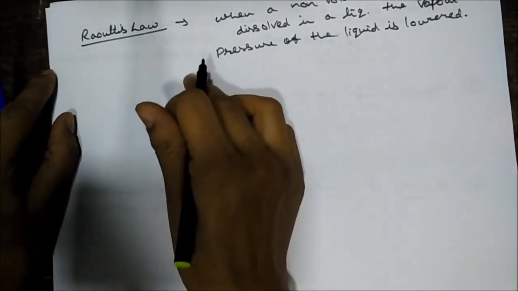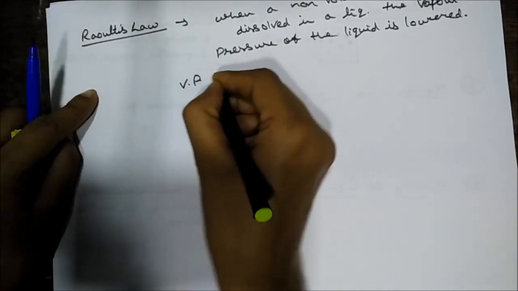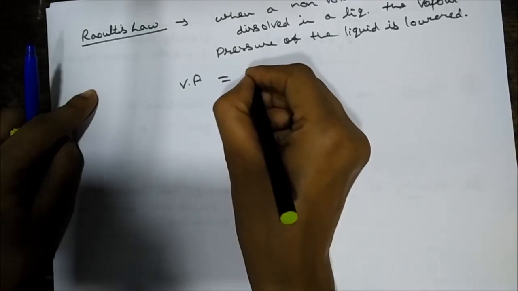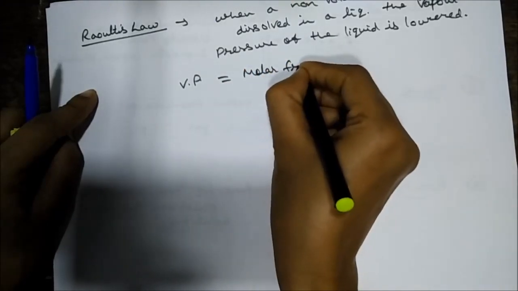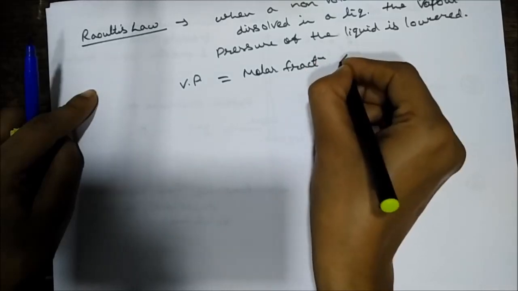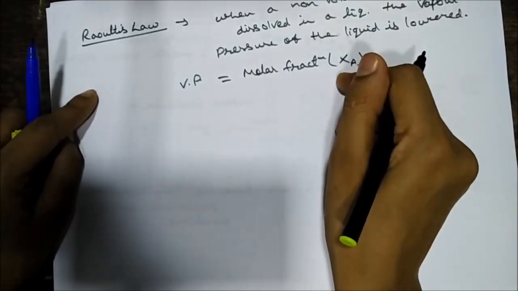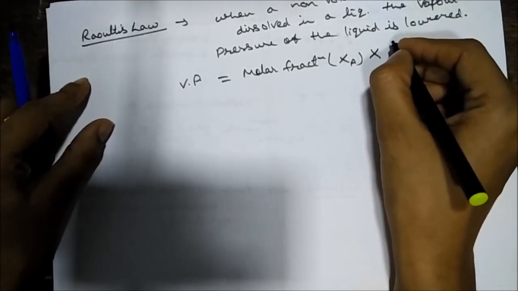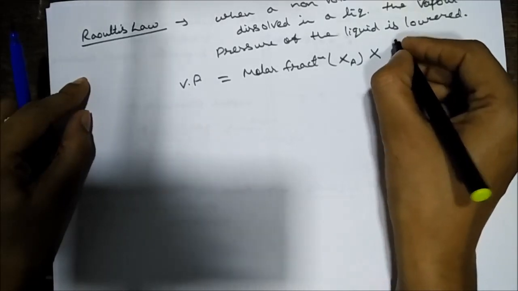According to Raoult's law, at any given temperature, the vapor pressure of any component of a solution is equal to its molar fraction, that is XA if we take a component A, multiplied by the vapor pressure of this component in its pure state.